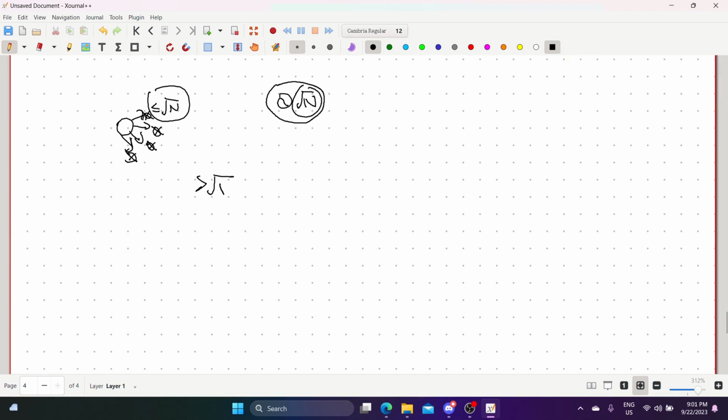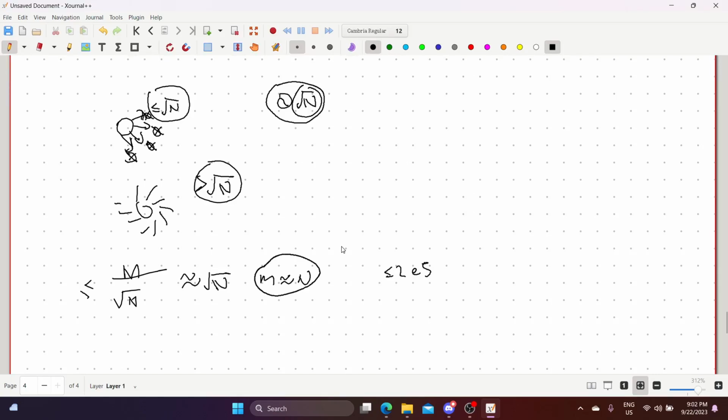The number of bad vertices with degree more than square root n must be smaller than m over square root n, which is roughly square root n also, because m is roughly equal to n. In the worst case, both of them are smaller than or equal to 2 times 10 power 5, based on the constraints. This is obviously not true for a dense graph, but for our analysis we just consider the worst case, which is smaller than or equal to 2 times 10 power 5.